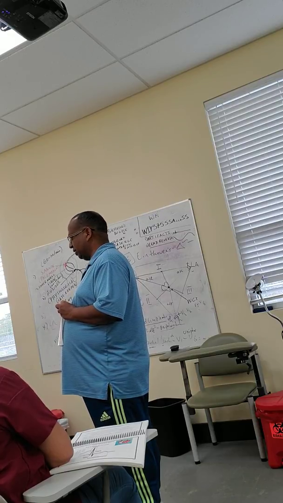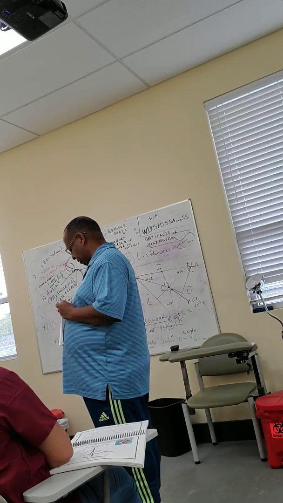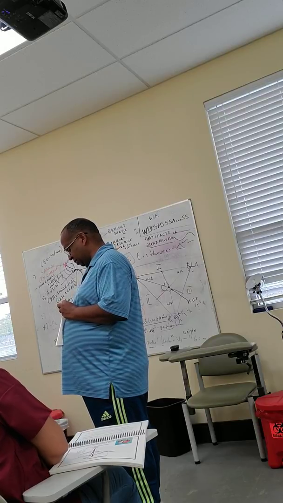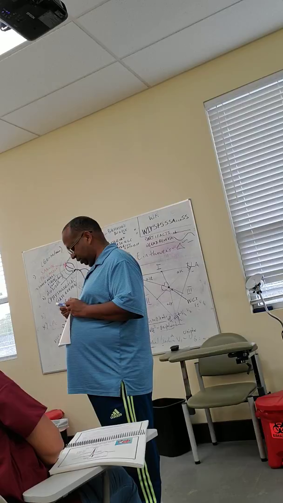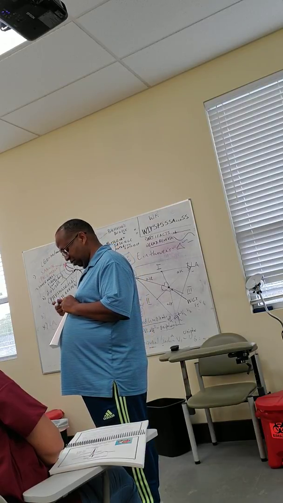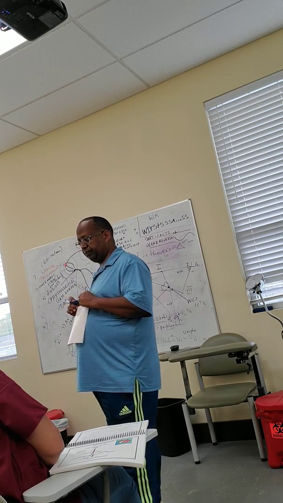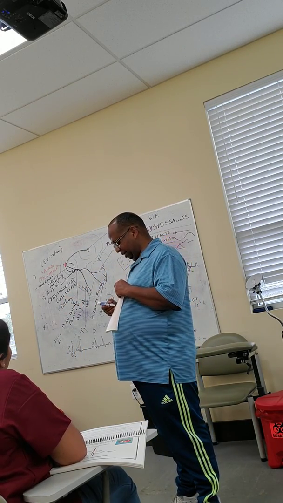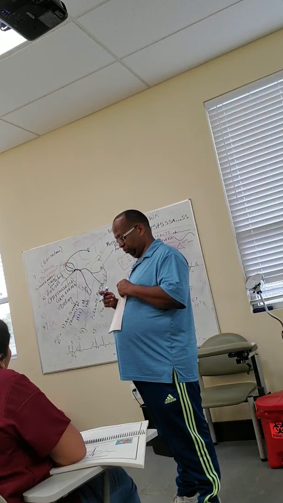Each line is 1 second. From this line to this line is 1 second, then 2, 3, 4, 5. So 6 seconds is from here to here. Then take how many QRS complexes are between this and this.